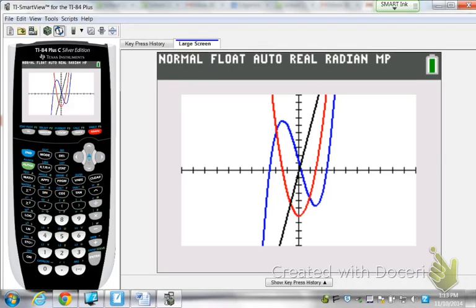When the position function is increasing, the velocity function is above the x-axis. When the position function reaches a peak here, so in other words the slope is 0, the velocity is at 0. When I have a negative slope on the position function, the velocity function is below the x-axis.